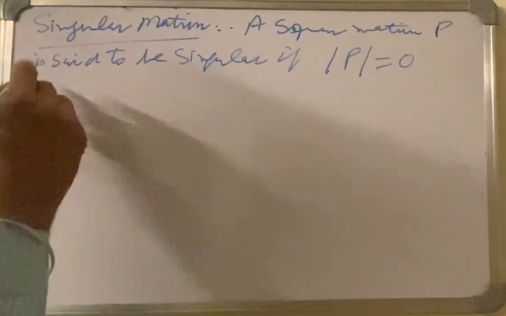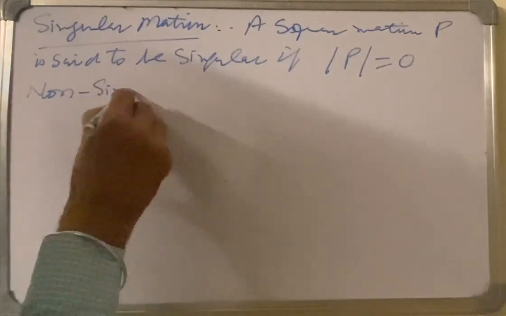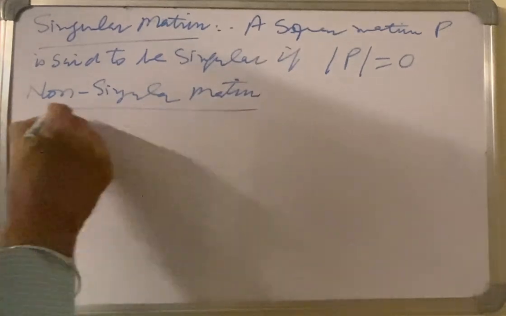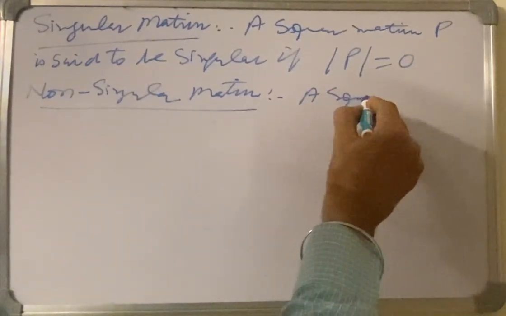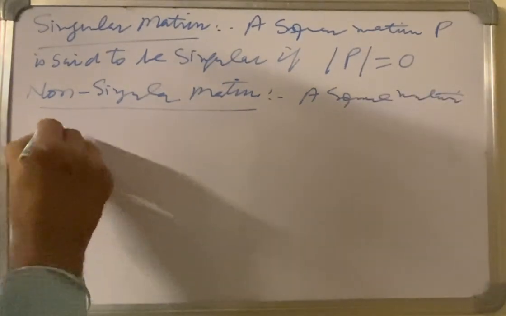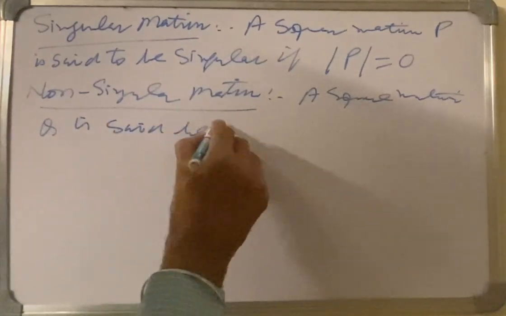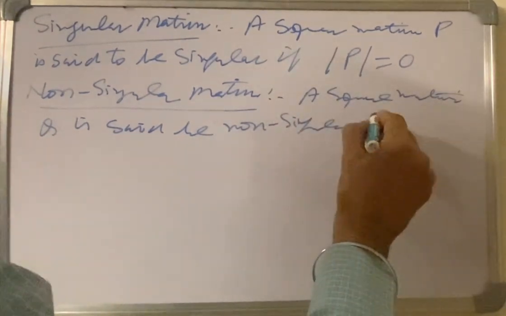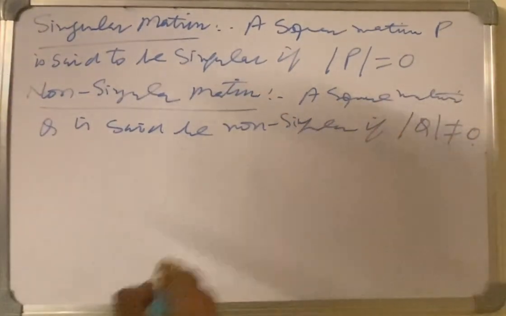Second, non-singular matrix. A square matrix Q is said to be non-singular if determinant of Q is not equal to 0.